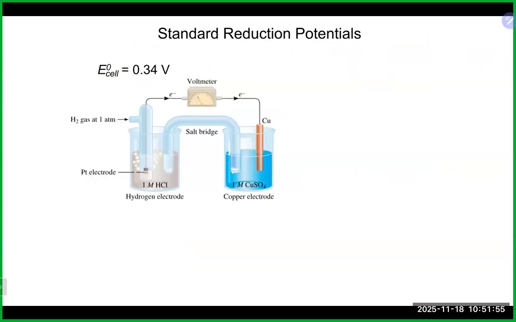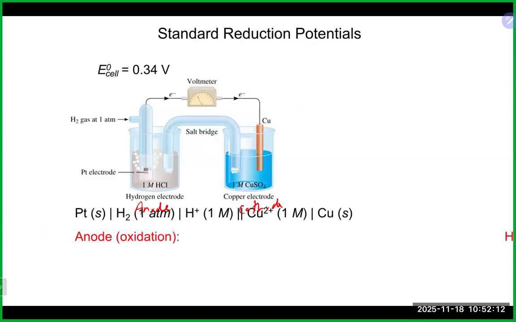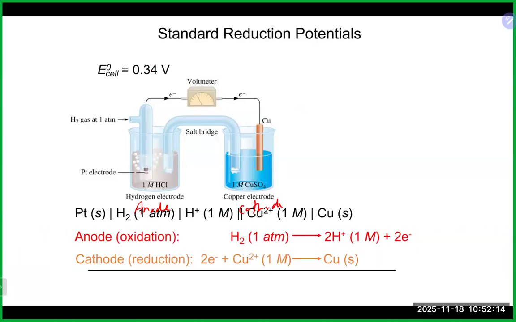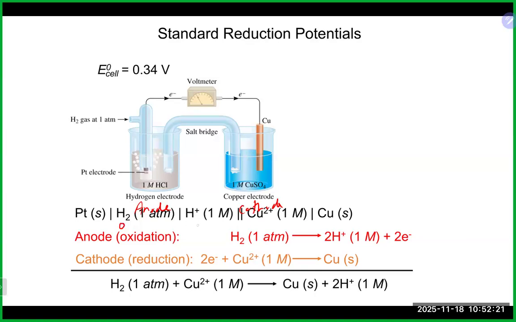Now, they could also hook it up here for our hydrogen and copper. In this case, though, the hydrogen is the anode and the copper is actually the cathode. In this particular case, our hydrogen is going from H2, which is 0, to +1, so it's being oxidized.